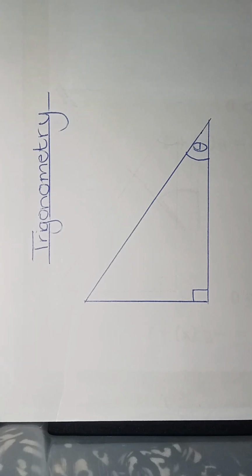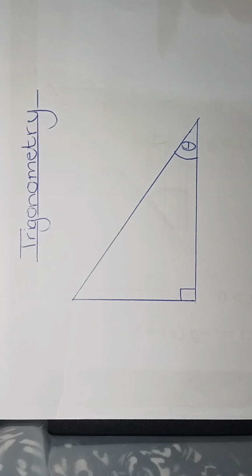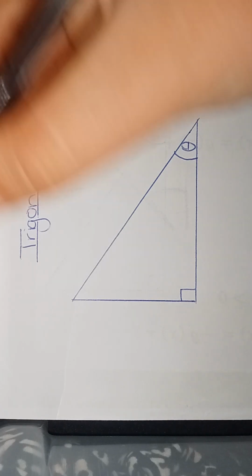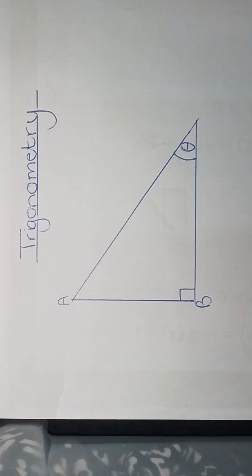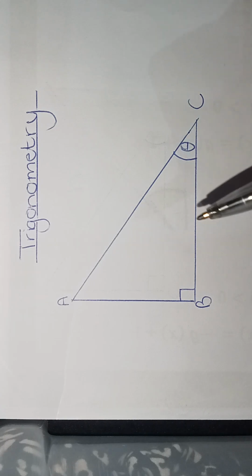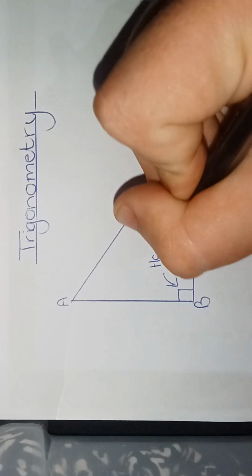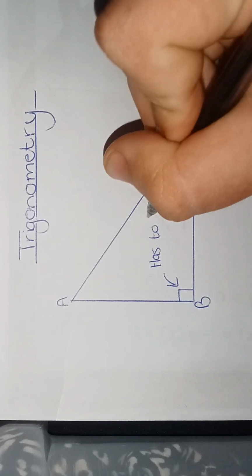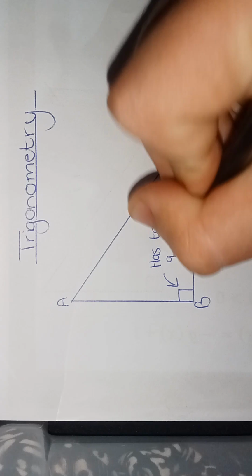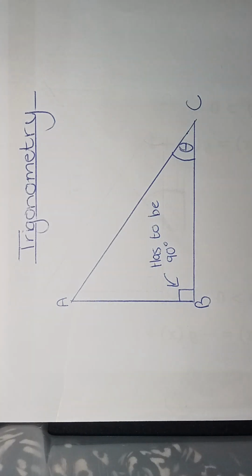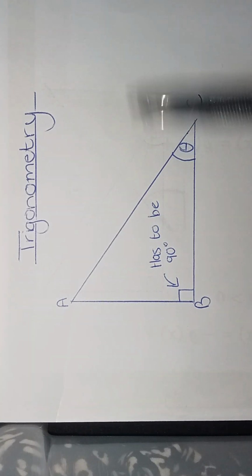The first thing, given we have this triangle, let's call it A, B, and C. The first and most important thing to remember is that there has to be a 90-degree angle.